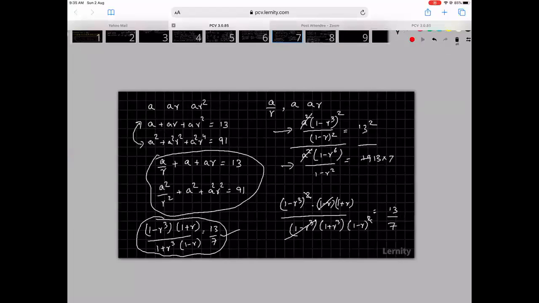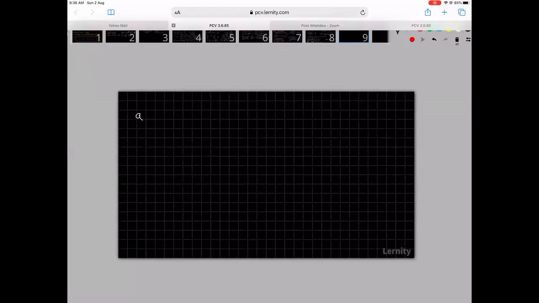So this is A plus Ar plus Ar squared is equal to 13, given. Then A squared plus A squared r squared plus A squared r power 4 is equal to 91, given. So what I'm going to do is square this and then divide it by this.